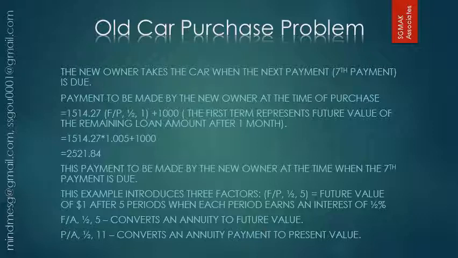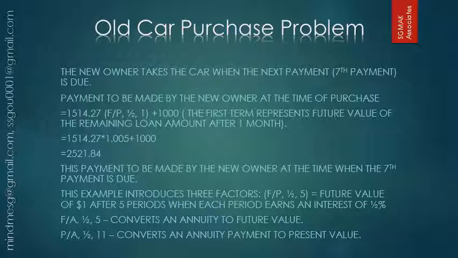So how much is the payment? Then F over P, 1/2, 1 is 1.005. The factor represents the future value of $1 at 0.5% interest rate after 1 time period. So solving that, we find out that he's responsible for paying his cost at that point in time as $2,521.84.